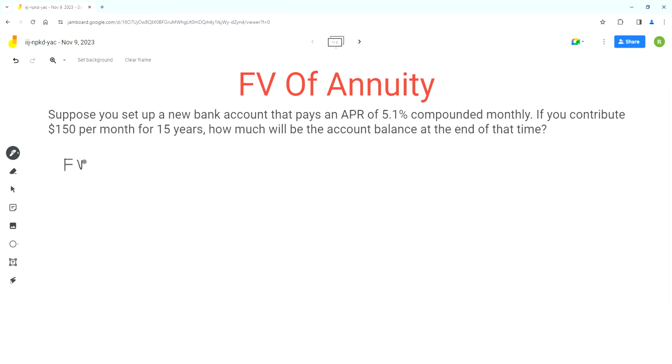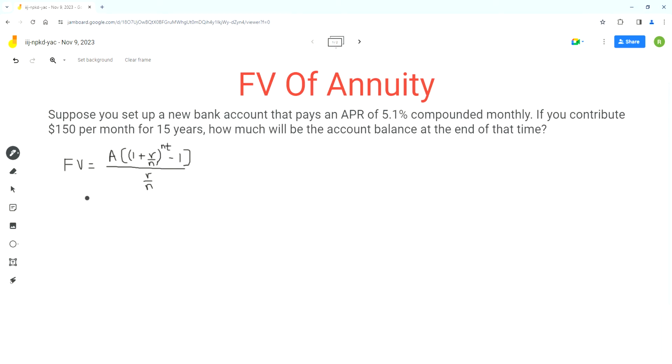The formula is FV equals A, which is the regular amount, times (1 plus R over N) to the power NT, minus 1, over R over N. So let's go over the variables in this formula.